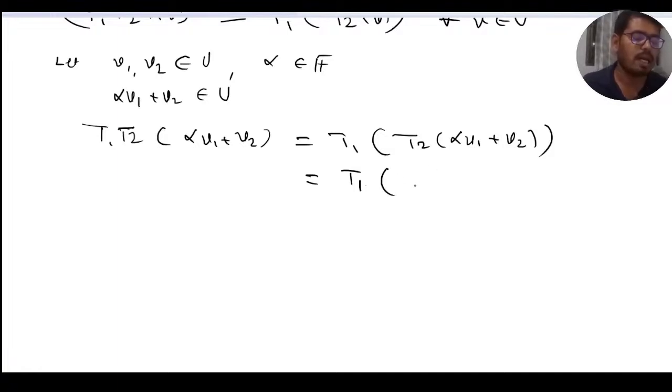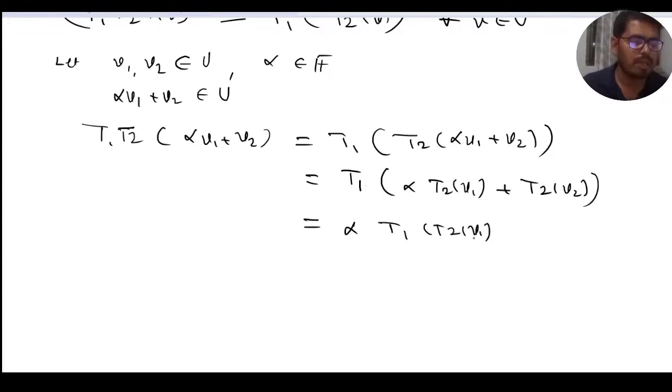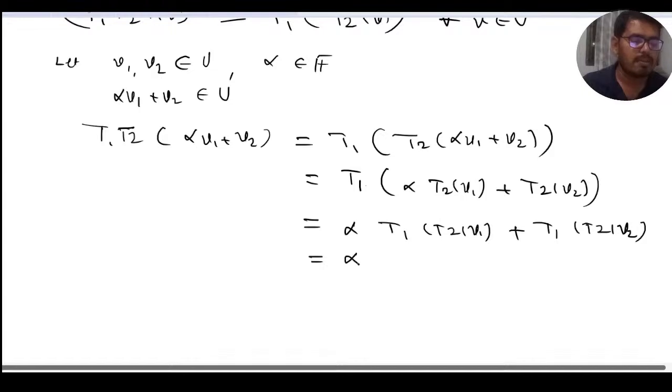That's why you can write alpha times T2 of v1 plus T2 of v2. Next, again T1 is linear, so you can write alpha times T1 of T2 of v1 plus T1 of T2 of v2. Therefore, this can be written as alpha times T1 T2 of v1 plus T1 T2 of v2.